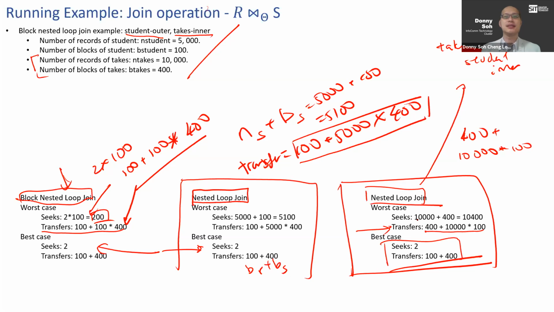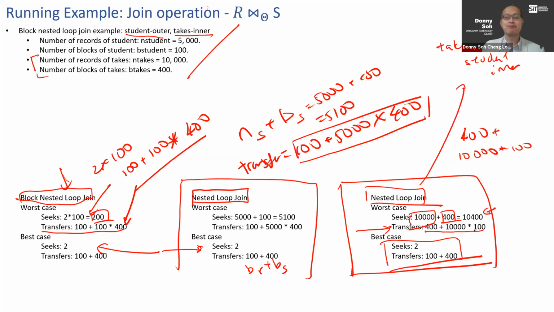For the seek or the access, I first need the number of blocks in my outer loop, which is 400, plus the number of disk accesses in my outer loop, which is 10,000, the number of tuples in my outer loop. So this is the number of disk accesses we need.